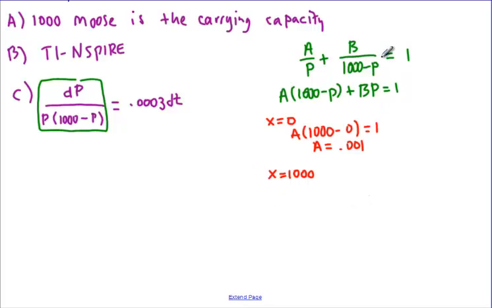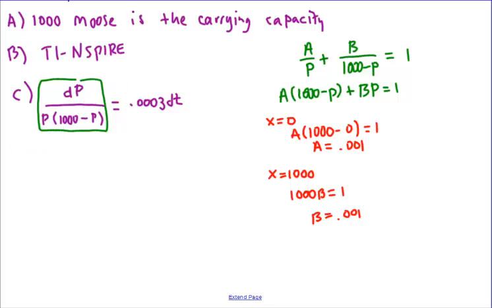Then with 1,000 here, what I'm going to have is 1,000B equal to 1. And so this is going to be B equals 0.001. So A and B are exactly the same.